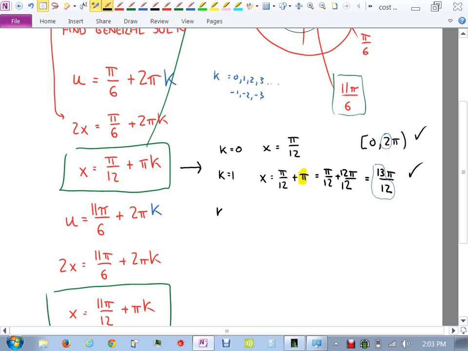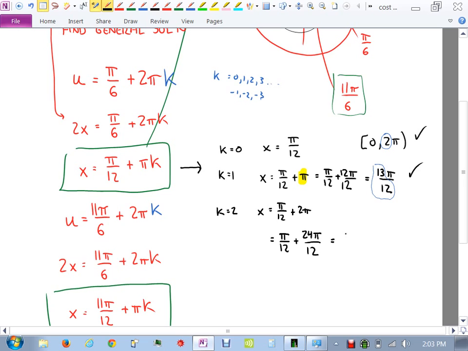So now I need to let k be 2. So pi over 12 plus this time 2 pi, and common denominator again, and it becomes somewhat tedious here, if you didn't already agree it was. So multiply top and bottom by 12, you get 24 pi over 12.